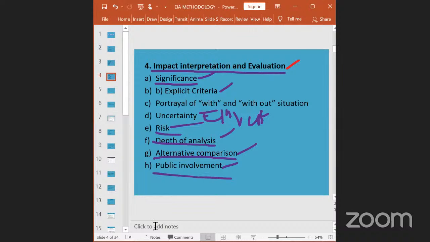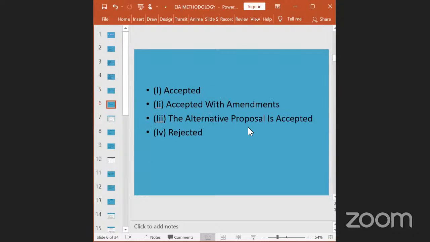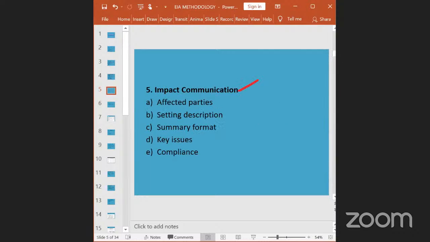This methodology should suggest a mechanism for public involvement in the interpretation of impacts and their significance, right? So these are the impact interpretation and evaluation. And last one is impact communication, right? Impact communication.